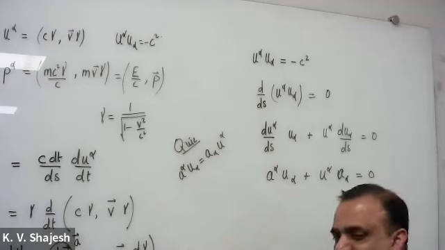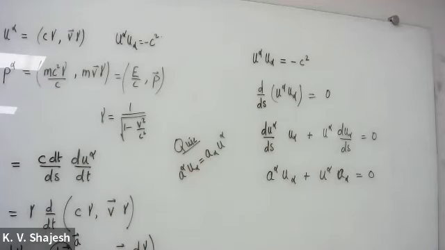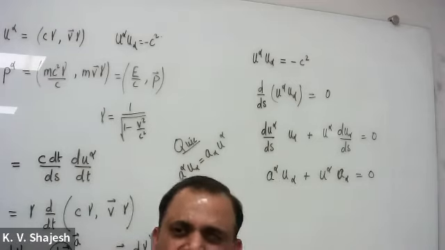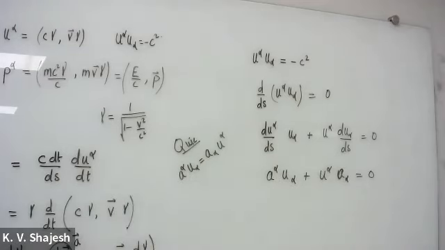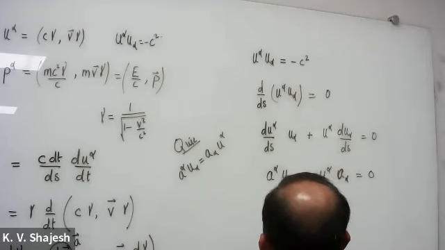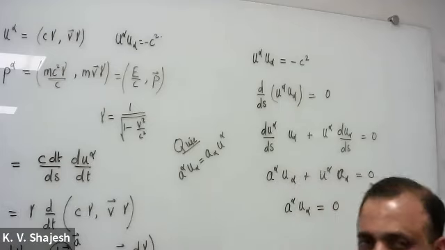It doesn't matter whether you write contravariant times covariant or covariant times contravariant. If it's the same vector, it really surely doesn't matter. It can be immediately shown. But in this case, you might wonder, is that correct or not? So we should be able to show them. If they are the same, then this is 2 times that. So that means a alpha times u alpha is equal to 0.